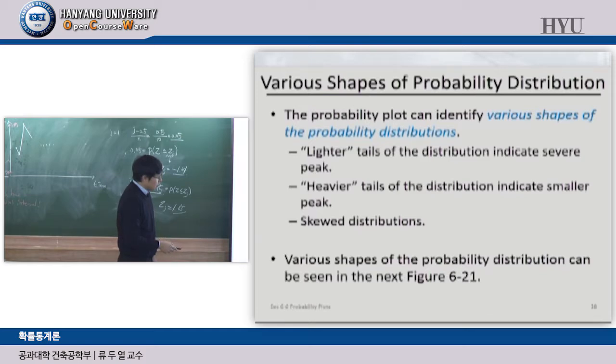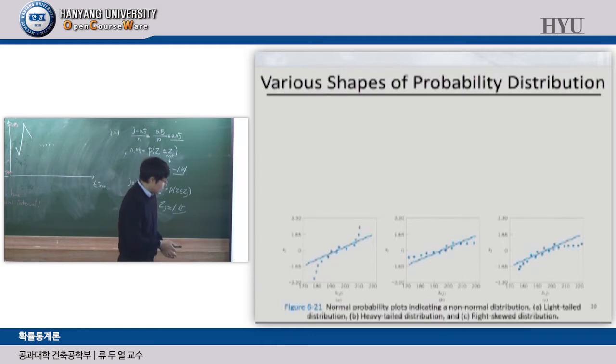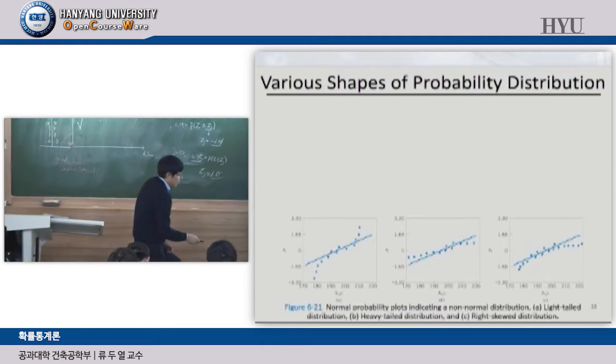The various shapes of the probability distribution can be seen in the next figure, 6-21 here. And this is the normal probability plot indicating a non-normal distribution. Okay? A indicates a light-tailed distribution, B indicates the heavy-tailed distribution, and C indicates a right-skewed distribution.